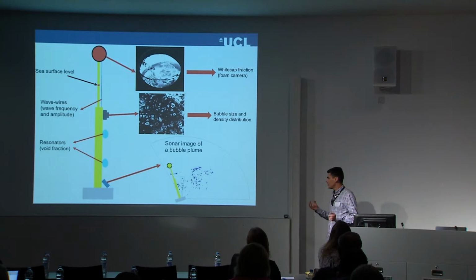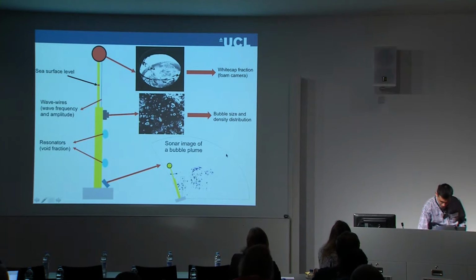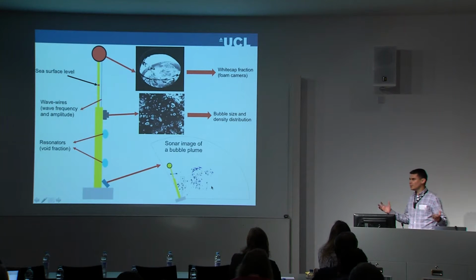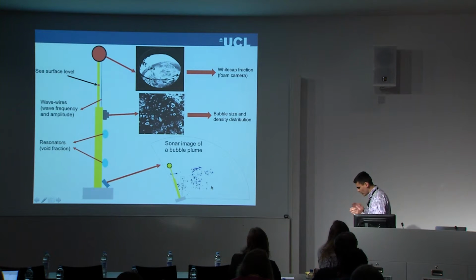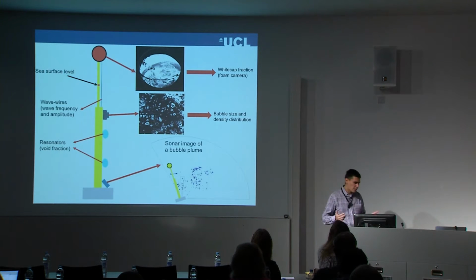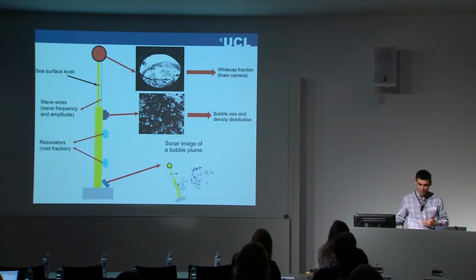We had 6 pulses per second. Each pulse can produce such a sonar image here showing the bubble plumes. So for an entire deployment of over 35 hours of straight measurements, we can have more than 500,000 sonar images like these ones.